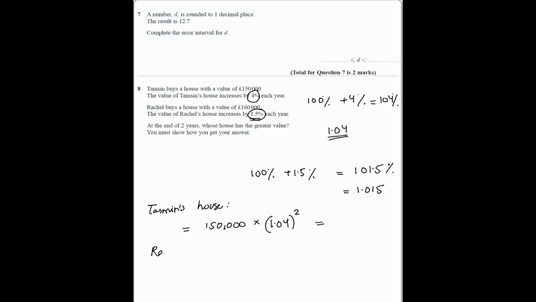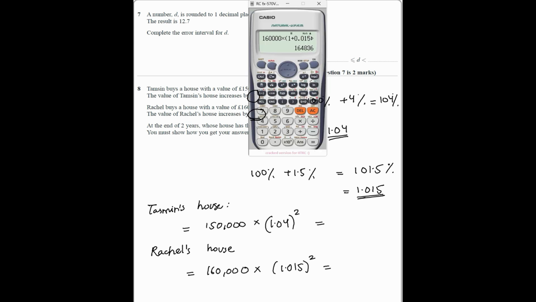And for Rachel's house, it is 160,000 multiplied by 1.015 for how many years? 2 years again. Now calculate both of them. We will get the same answer.